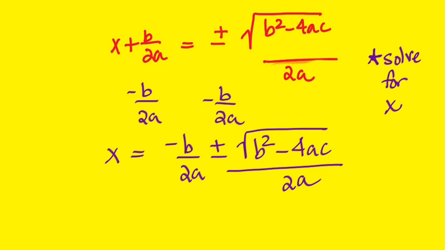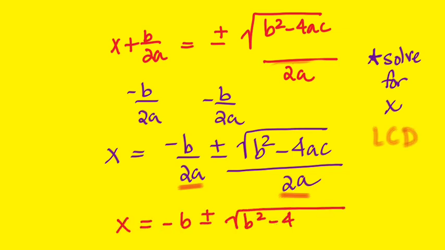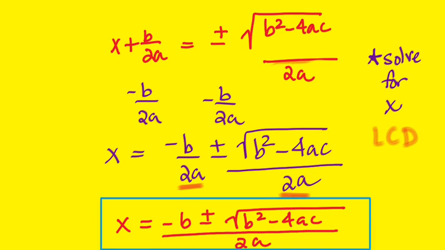Now, because I have a common denominator here, I can combine this and have my final quadratic formula: x equals negative b plus or minus the square root of b squared minus 4ac, all over 2a. Now, I know that is a lot to swallow, but I'm not asking you to memorize this. I just want you to know we didn't just pull this formula out of our hat. That is literally just completing the square using the quadratic equation, right?